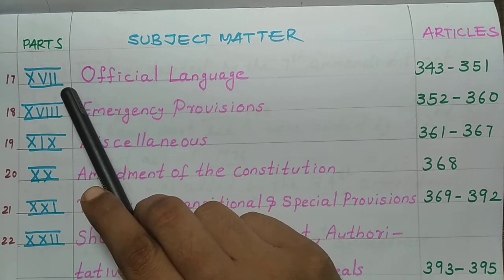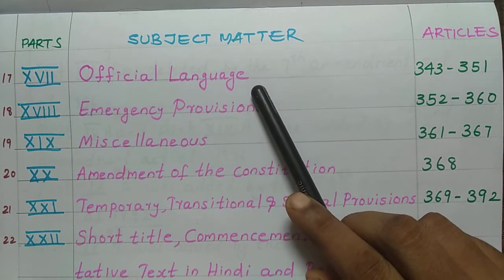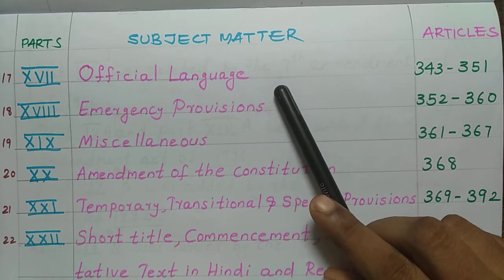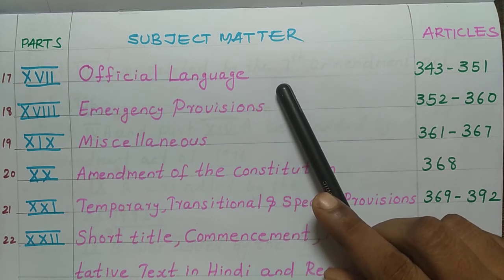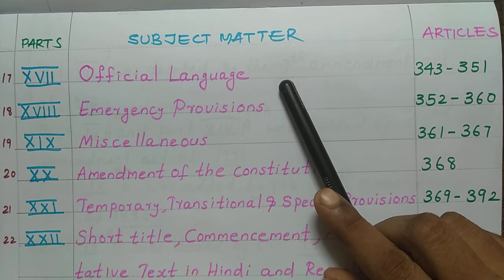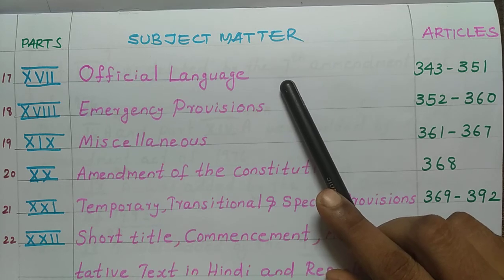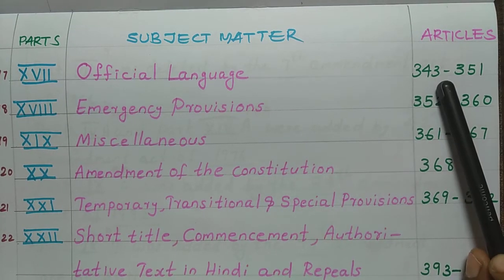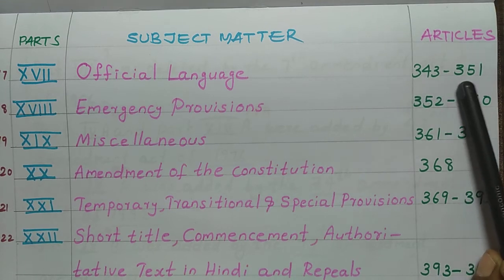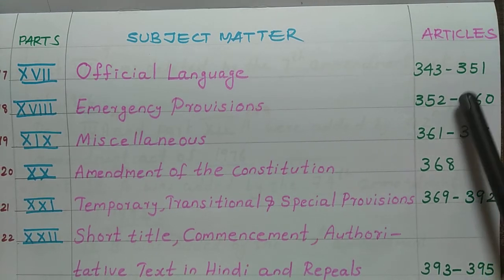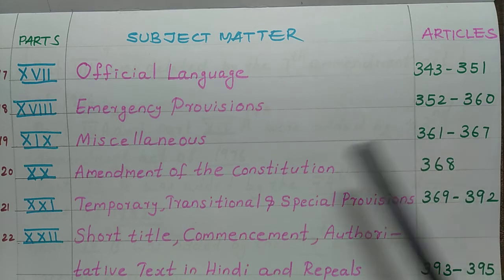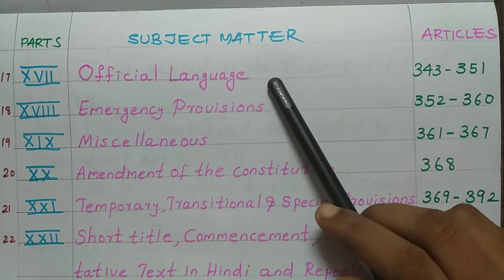And Part 17, official language. There are 22 official languages included in the Constitution, and the related articles are 343 to 351. So Part 17 contains official language.